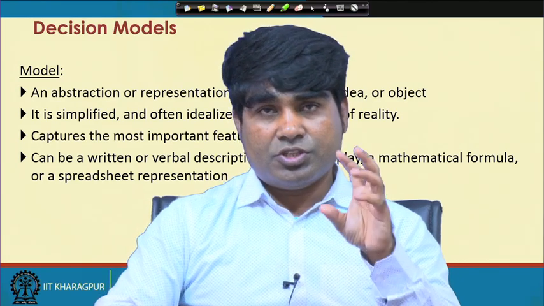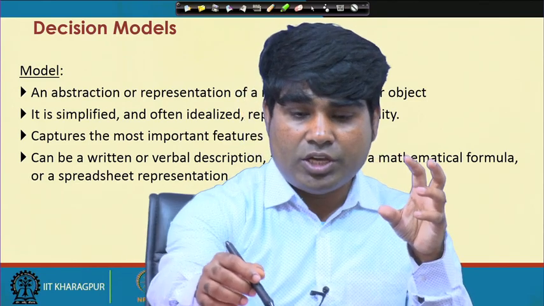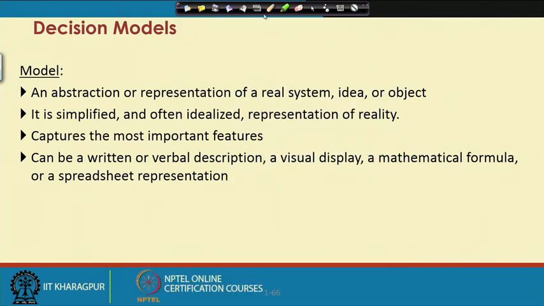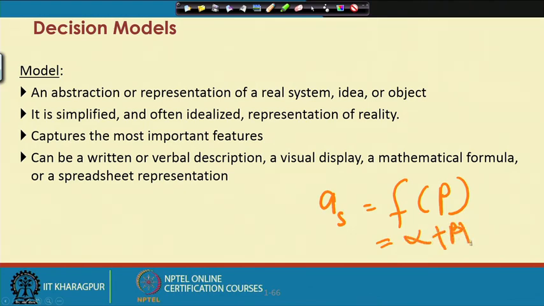Now, if you like to transfer this into model format, you can simply write quantity supplied is equal to a function of price. This is an implicit format, and if you like to put it in an explicit format, it can be alpha plus beta p.